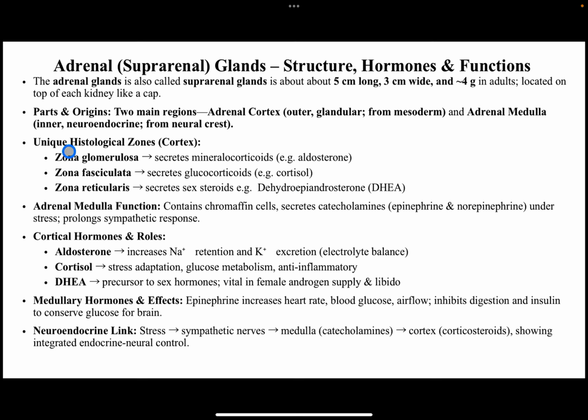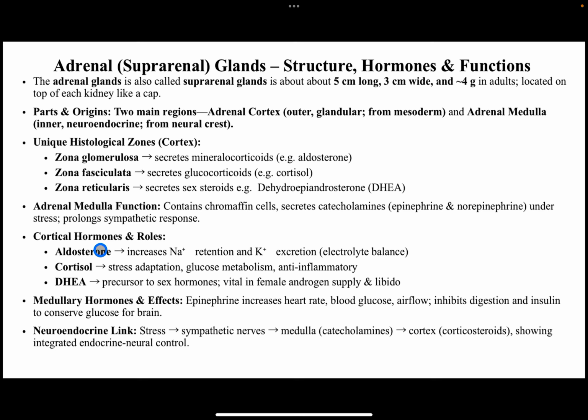These are the cortical hormones. These are the cortical zones. So if you are asked to list the cortical hormones, it's aldosterone, cortisol, and dehydroepiandrosterone. Is that okay?